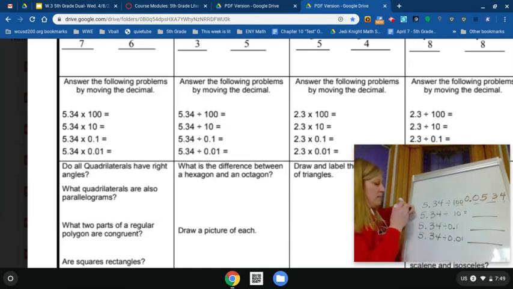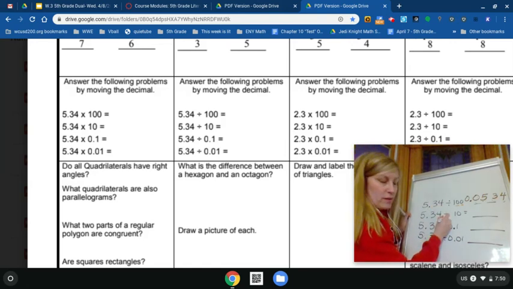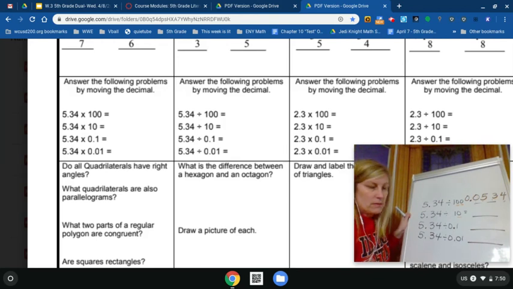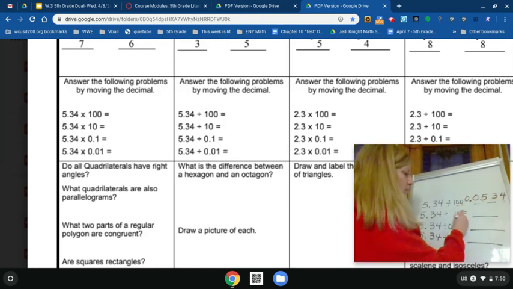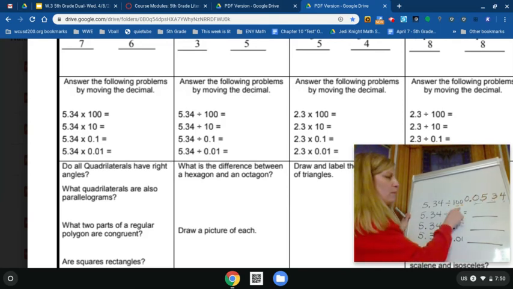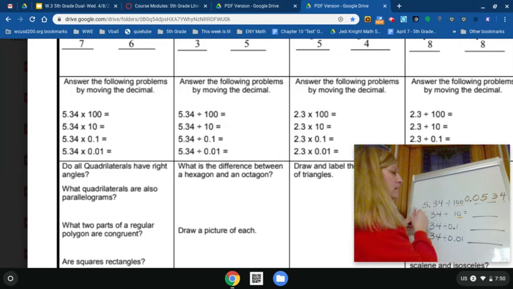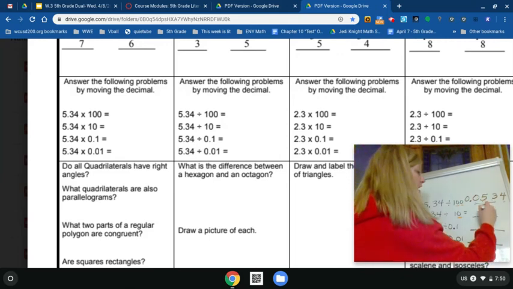Now, for this one, 5 and 34 hundredths divided by 10, again, dividing, so it's going to get smaller. So we're going to go to the left. And there's 1 zero. Okay. So for this one, you're only going to move the decimal one time. And the one up here, we moved it twice. So it's not going to be 5.34.